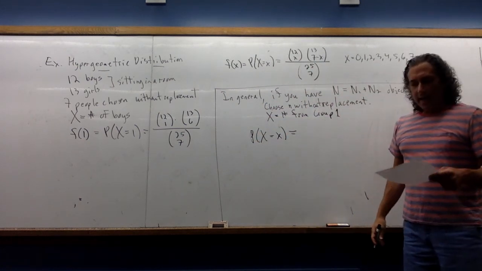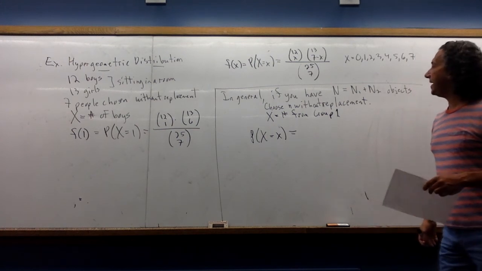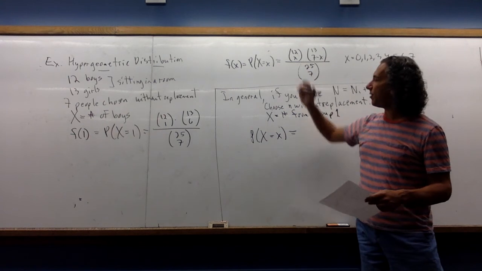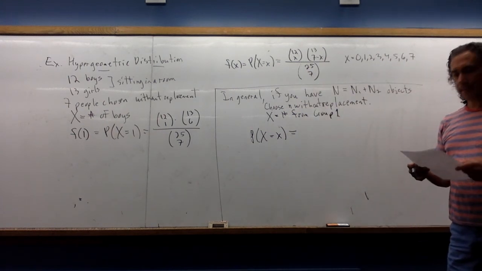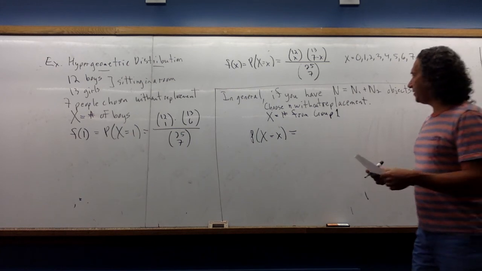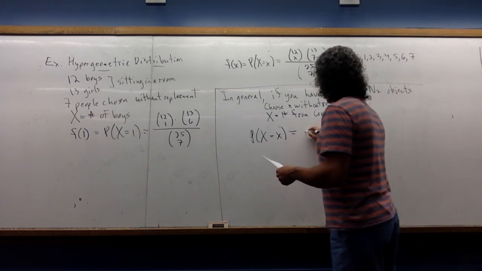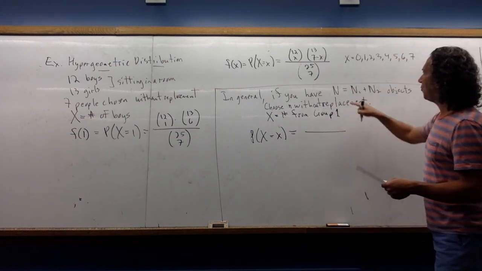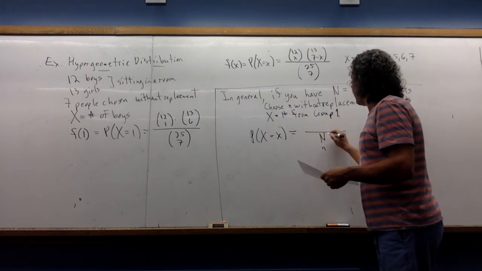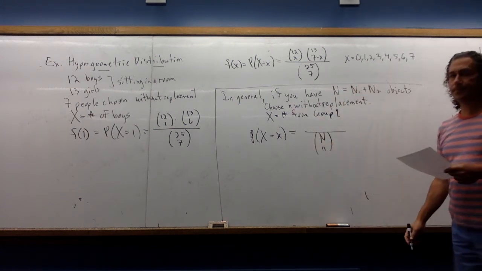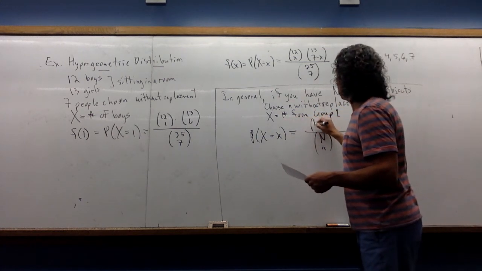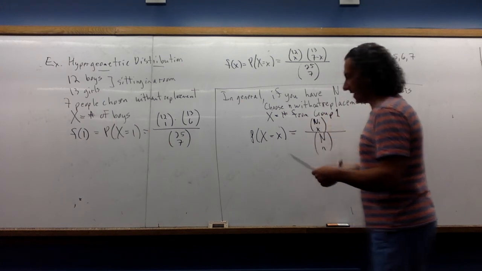Pause the video and see if you can come up with the abstract version. It's the same process. Hopefully you tried that. We've got a total of big N, and I'm choosing little n from that. From the big N1, I'm going to choose x of them.